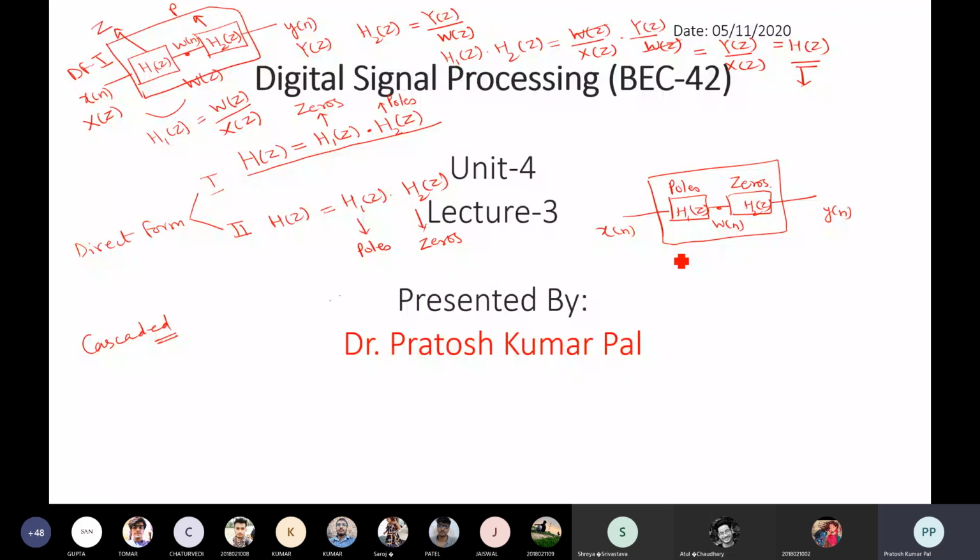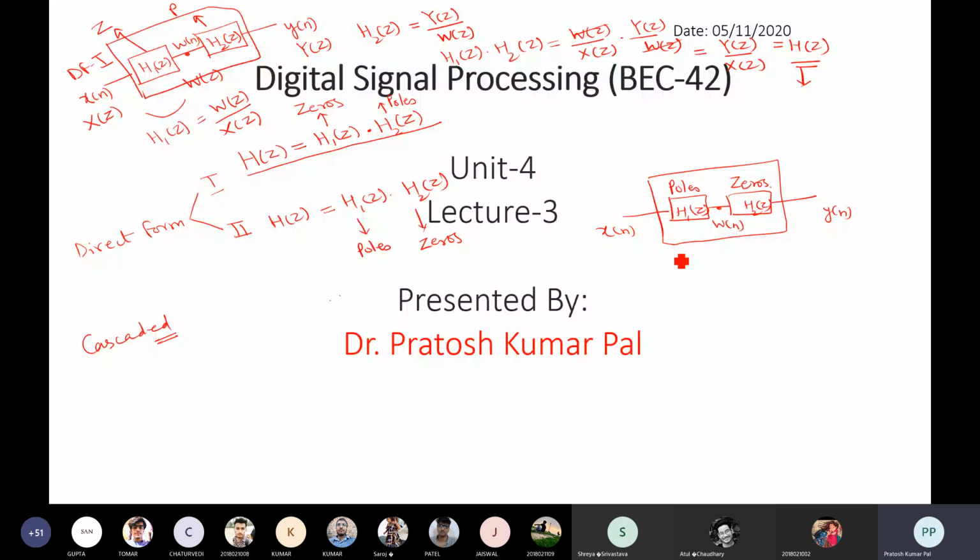The advantage in the case of direct form 2 is, what is the advantage? It requires fewer memory elements. Memory elements means the delay elements that we use; the delay can be represented in the form of memory.